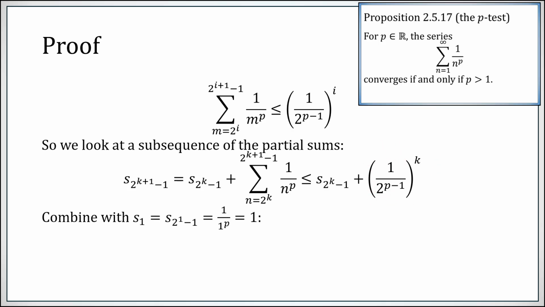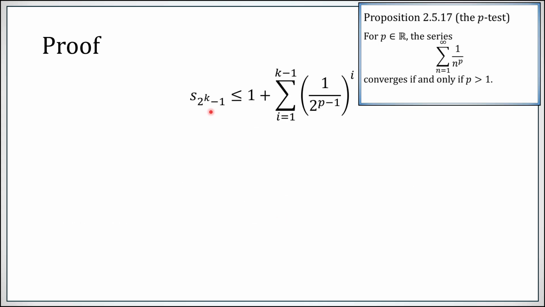So now the first partial sum we can just compute is equal to 1. Inductively, if I keep doing this out to 2 to the k minus 1, we have that first partial sum plus a bunch of terms that look like this. But this is now a constant to a power that is our new index. So we've sort of transformed these sums into a different partial sum.